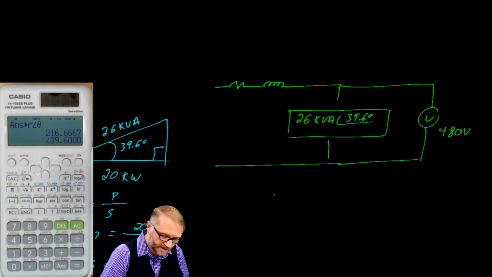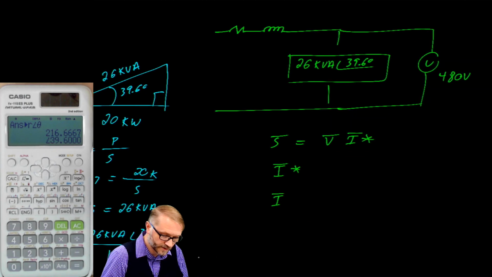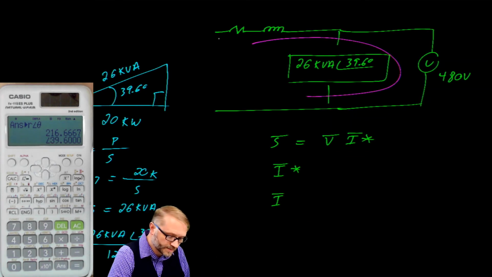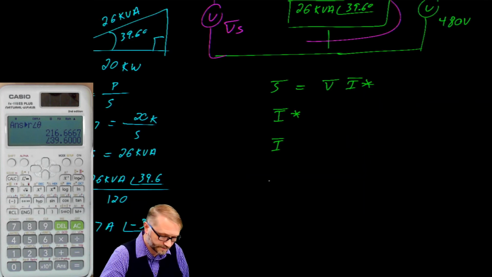Once you've gotten that far, complex power is the voltage by the complex conjugate of the current. Solving for complex conjugate of the current, solving for the current. Taking a trip around the circuit using KVL, you can make a statement about the source voltage, and that brings you to the completion of the problem, where you find that the source will be 485 volts at a phase angle of negative 0.51 degrees.